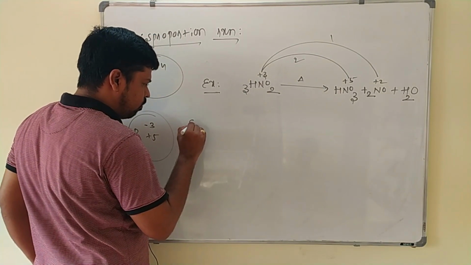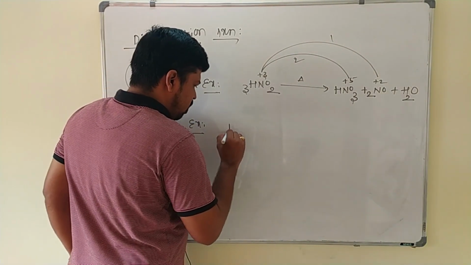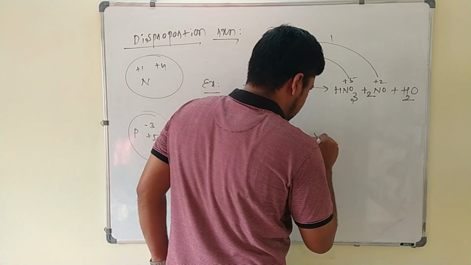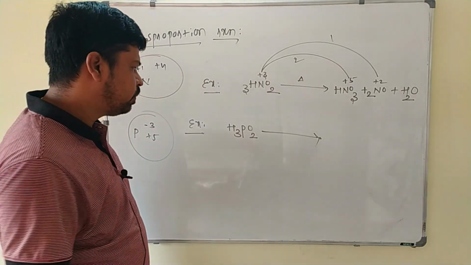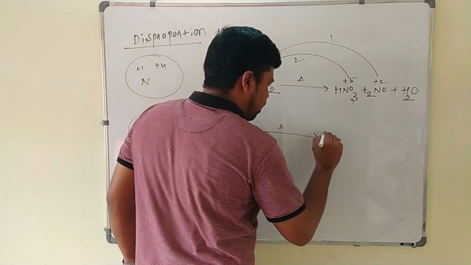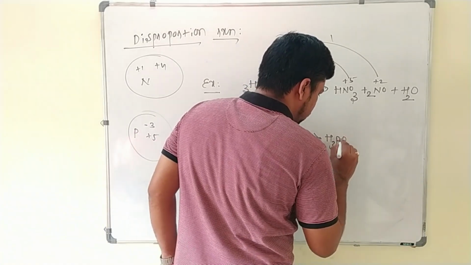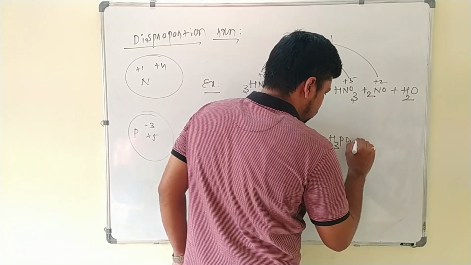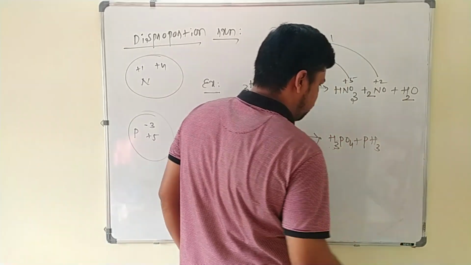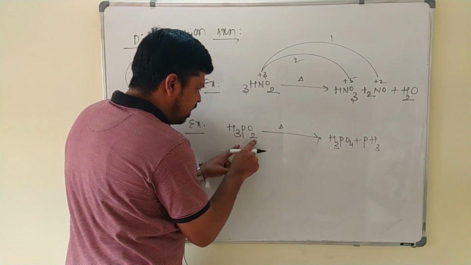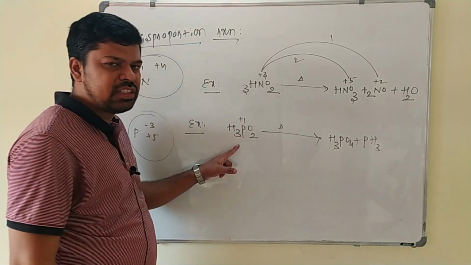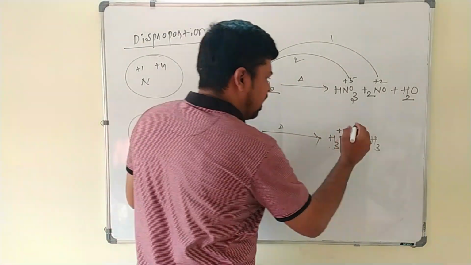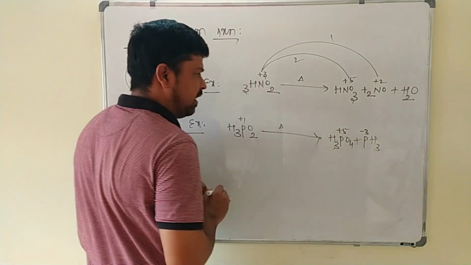Suppose I write H3PO2; on heating, it will convert into H3PO4 plus phosphine. What is the oxidation state of the element here? This is the +1 oxidation state of phosphorus, here the oxidation state of phosphorus is +5, and in the case of phosphine it is -3.